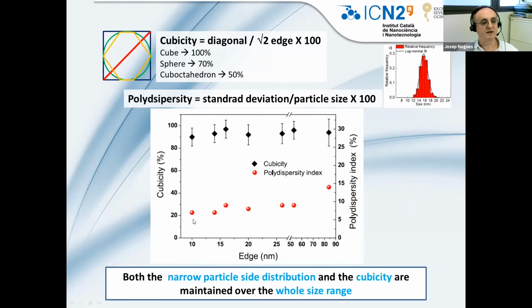And you can see here that you have to look at this axis in this case. You see that all the particles, except the largest ones, have a polydispersity of less than 10%. So we can consider them as monodisperse. The only one that is slightly higher is the largest nanoparticle. So we can control both the narrow particle distribution and the cubicity, which is maintained over the whole size range.